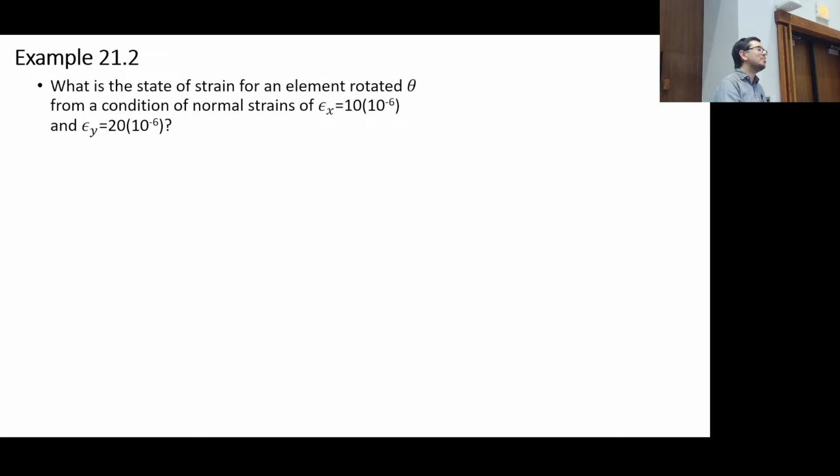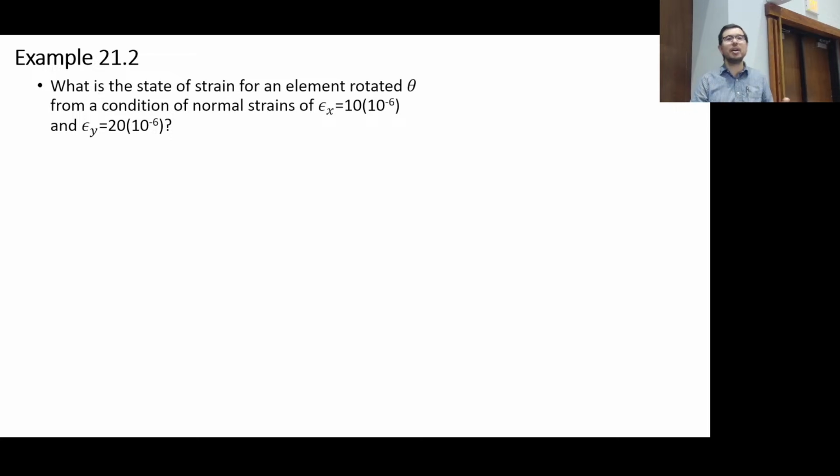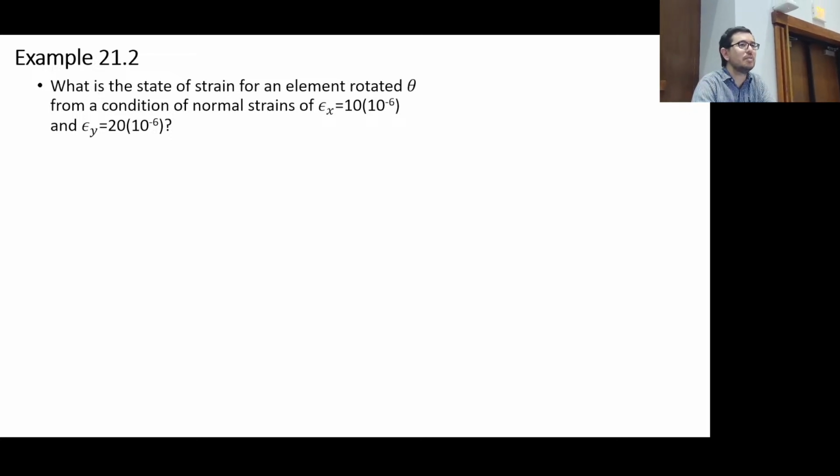Now, I'm sorry, that was a little bit tongue-in-cheek or facetious. But I think maybe what you're getting at is why do I care about being able to do these types of strain transformations?